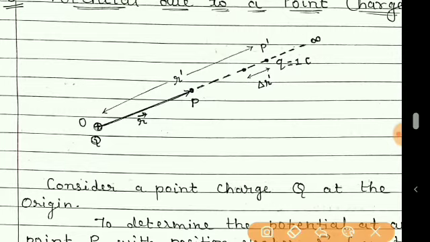Now here a point charge Q is taken at the origin and a point P is considered here at distance r.